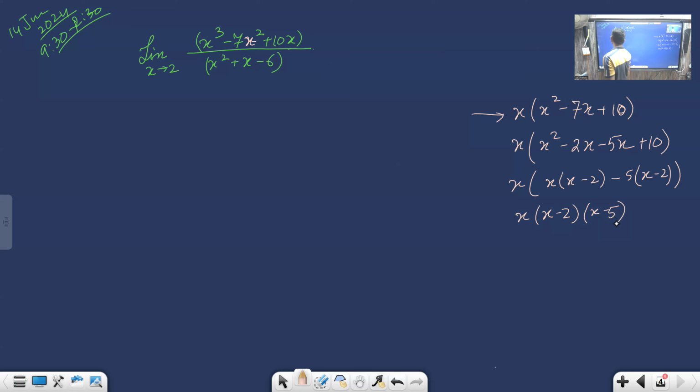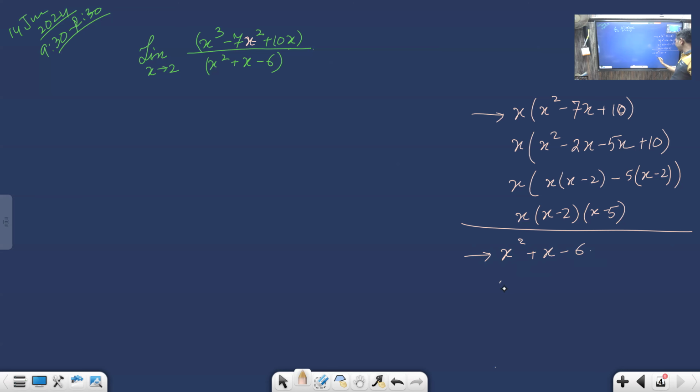Numerator has got a solution. If you don't want to do it this way, don't do it. Just put 2, see 0 upon 0. If you get 0 upon 0, differentiate it, put again the value of 2 as I told you. But if you do this, it can be solved in 2 steps. Next is the denominator.